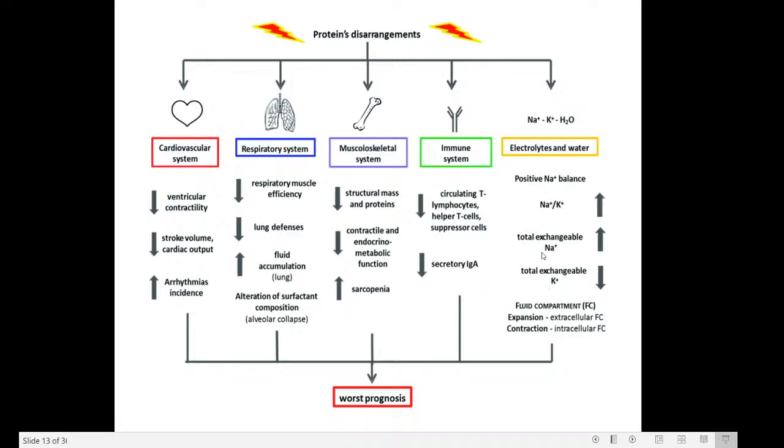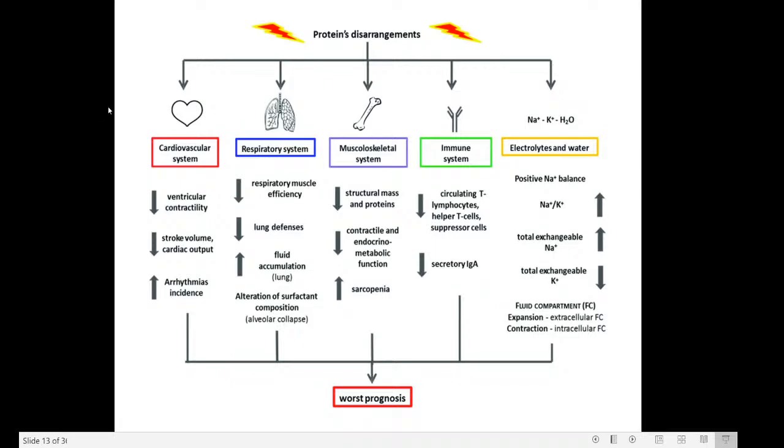The notable thing is that when a positive Na+ balance happens, it makes higher exchangeable Na+ and lower exchangeable K+. So please remember it. Na+ ions are highly exchangeable and K+ ions are less exchangeable in the electrolyte-water balance.